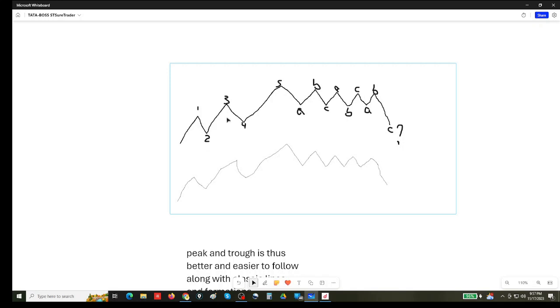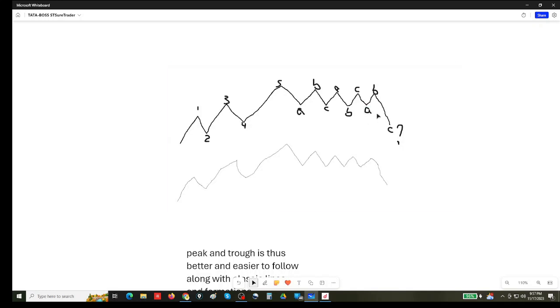It is easy to follow the 1 to 5 strong trending movement, but when it comes to retracement, it becomes very difficult. And I was thinking, why bother even counting the waves 1 to 5 and then the ABCs and whatever?